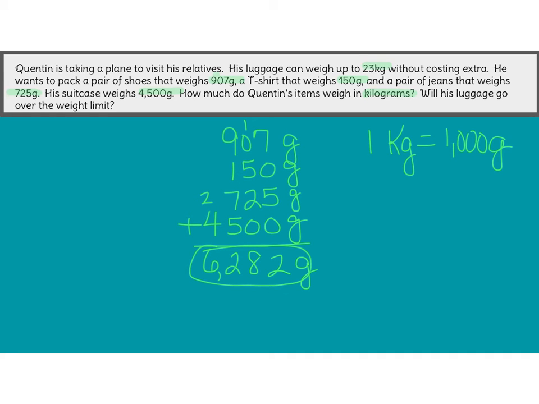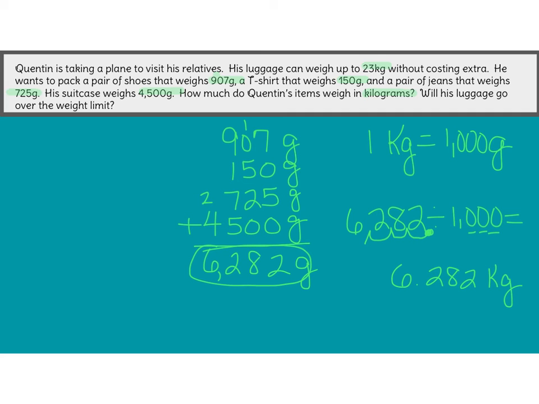So we would need to do 6,282 divided by 1,000. And what we could do is remember that your decimal point currently is right here. The fact that we have 1, 2, 3 zeros and we're dividing, we're going to move that decimal point to the left 3 places. So here's 1, 2, and 3. So our answer would be 6 and 282 thousandths kilograms.